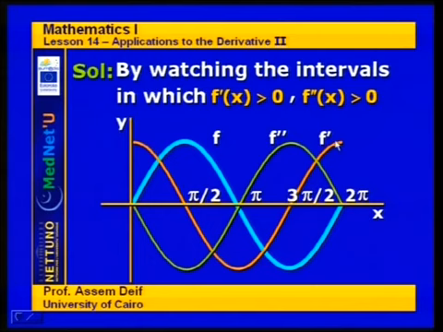And same thing with f double prime: since it is convex, f double prime must be negative, and if it is concave, then f double prime is positive.